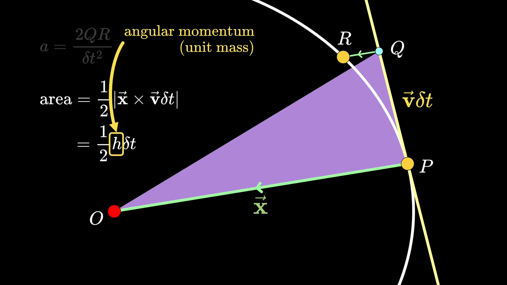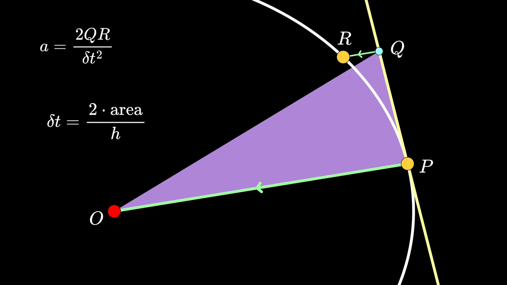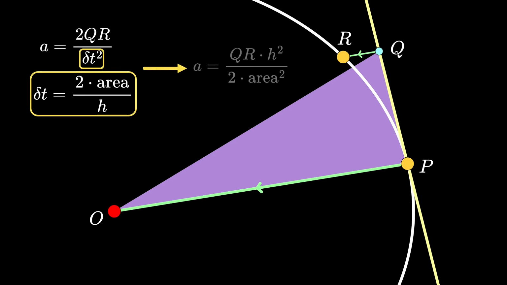And we are going to assume unit mass from now on. Then we can rewrite delta t in terms of this area and h. Plugging this back into the previous expression for a, and rearranging a bit, we get this formula for acceleration.